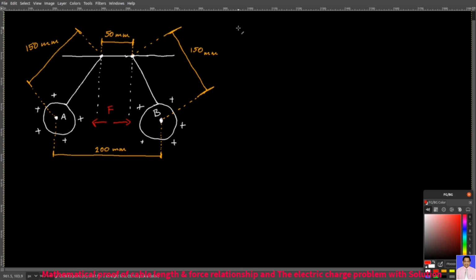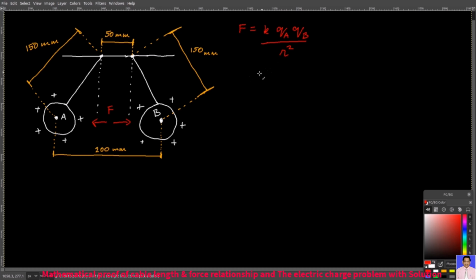And this force can be calculated with this formula: F equals K times Q1 times Q2 over R squared. Let Q1 be QA, which is the charge of this sphere, and let Q2 be QB, which is the charge of this sphere.